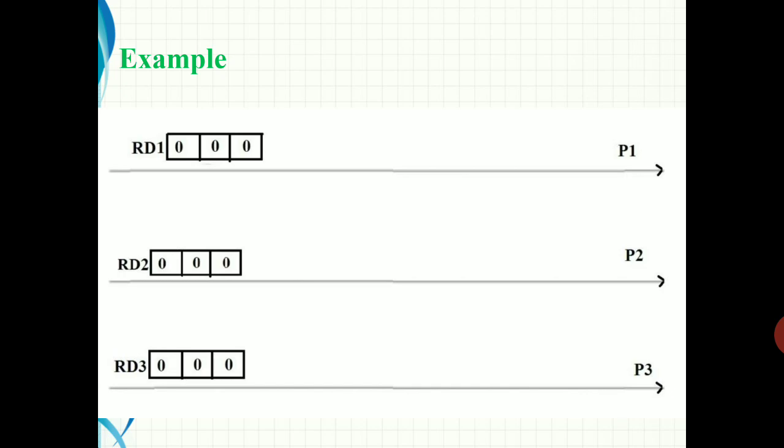The first position corresponds to process 1, the second position corresponds to process 2, and the third position corresponds to process 3. Each process contains a request deferred array with the same size, that is, the number of processes in the system.